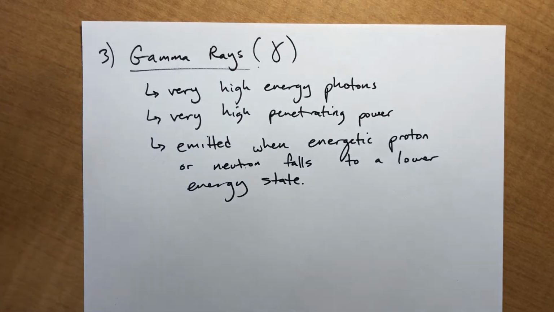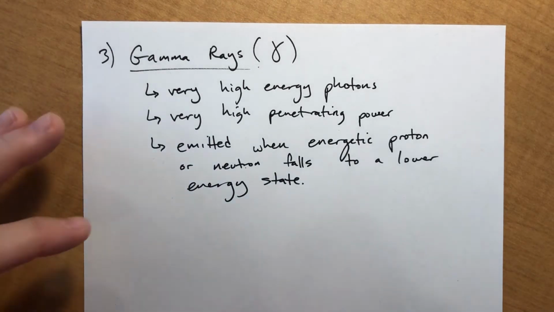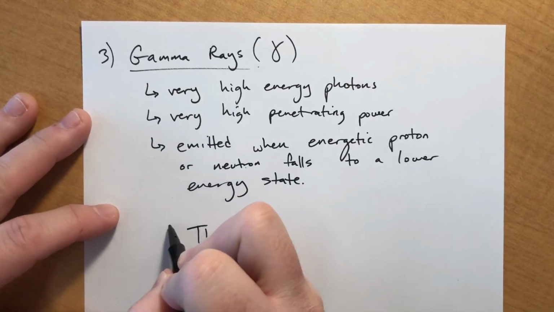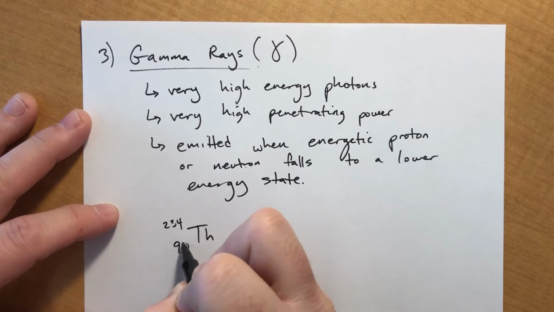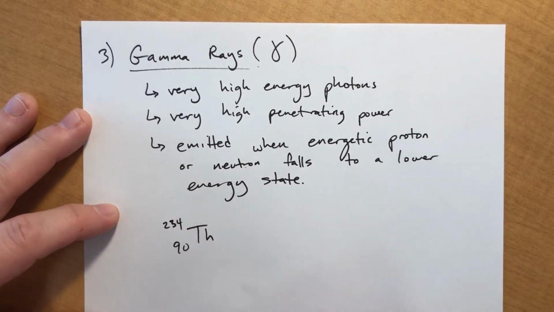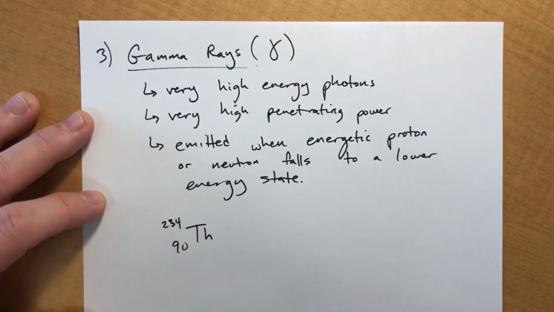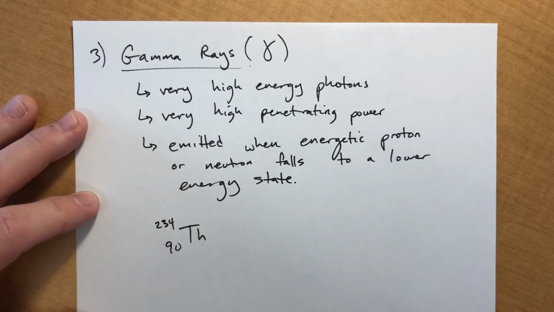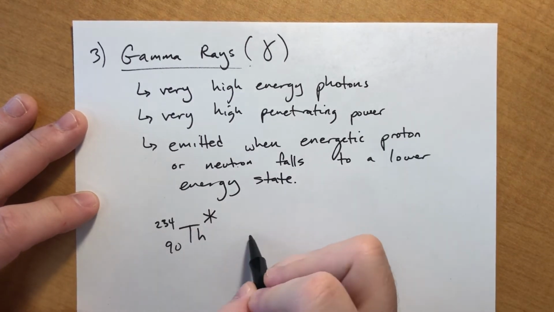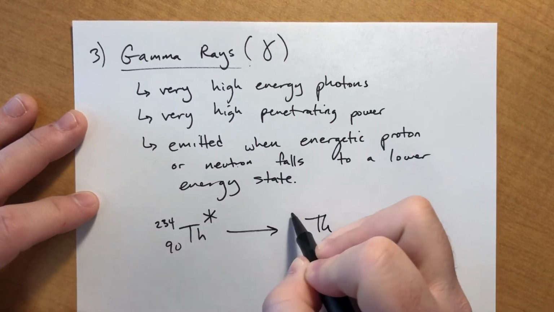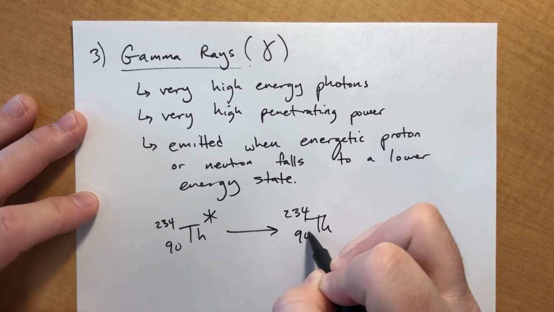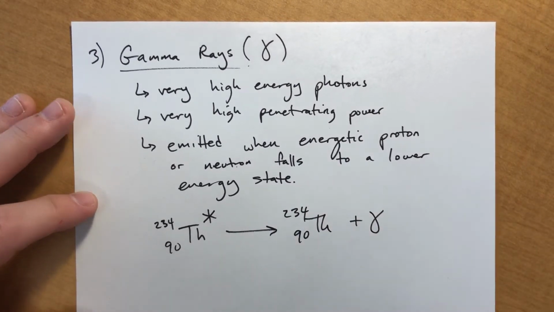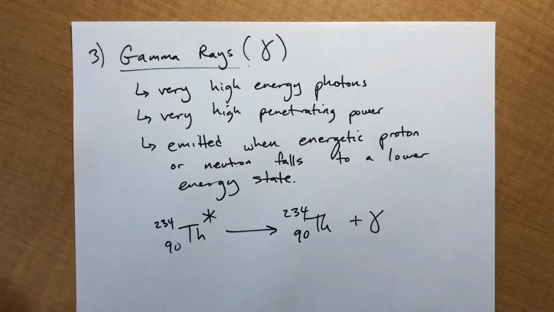Turns out that this can literally happen to pretty much anything, just like electrons can be promoted. So I'm going to pick that same thorium-234 that we just saw. If I can write things legibly, sorry. And literally, these might be your favorite ones, not because they're meaningful or anything, but they're really easy to keep track of. Essentially, it goes from an energetic state, which we show with an asterisk, and it falls to a normal state. None of the numbers change. These ones are pretty easy.